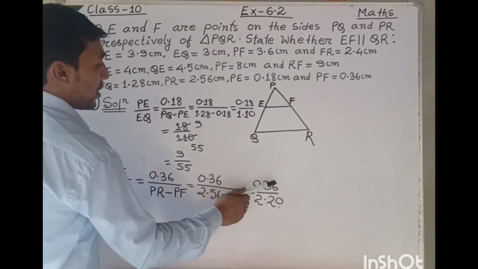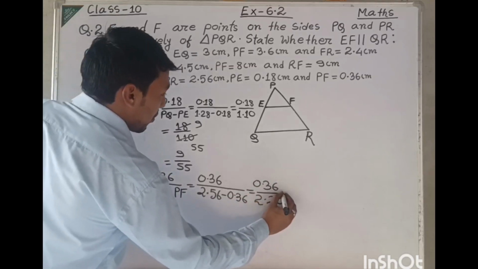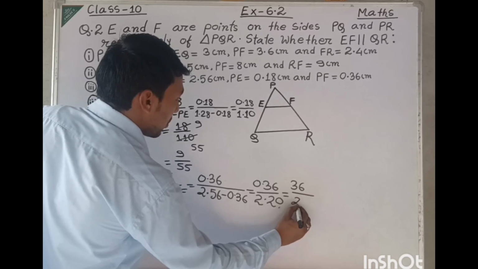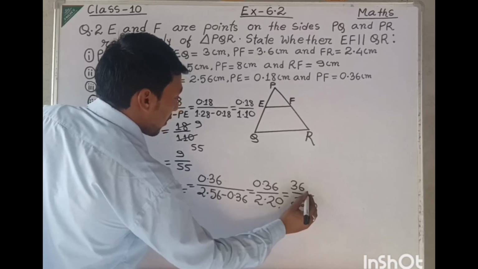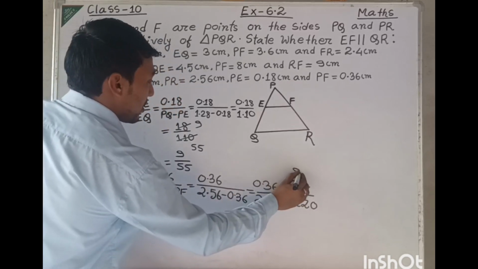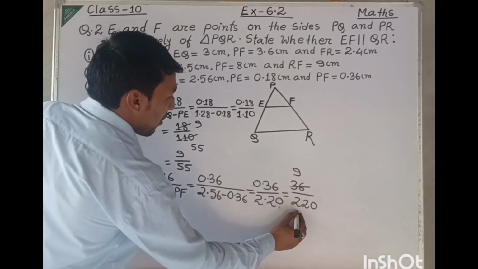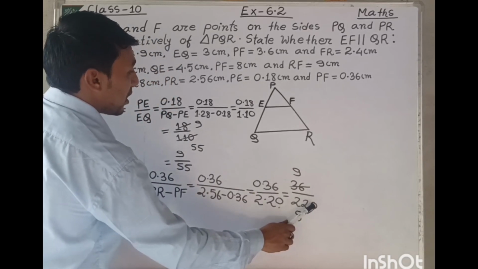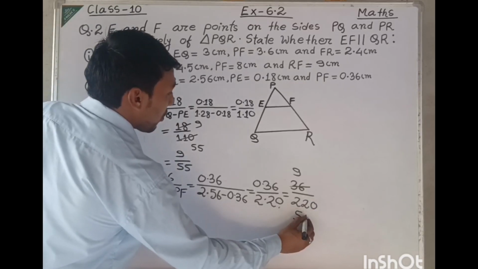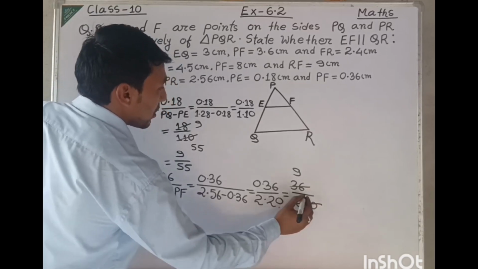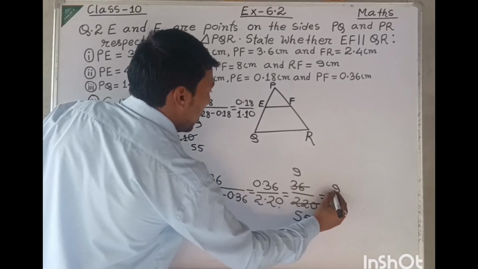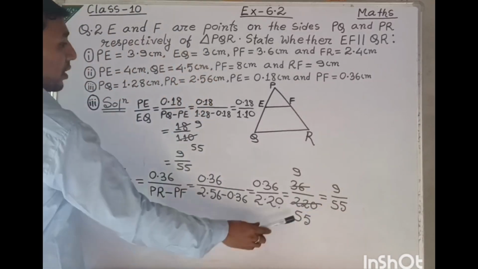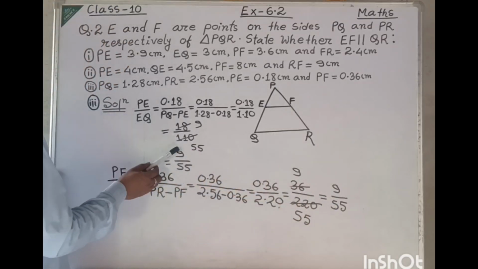Now after the point 2 digits, here also after the point 2 digits, so write here without point 36 by 220. Now 4 9s are 36 and 4 5s are 20, but here we have 22, so shift the 2 here, then it becomes 20, so 4 5s are 20. So the ratio I have got here is 9 by 55. So here also 9 by 55 and here also I have got 9 by 55.